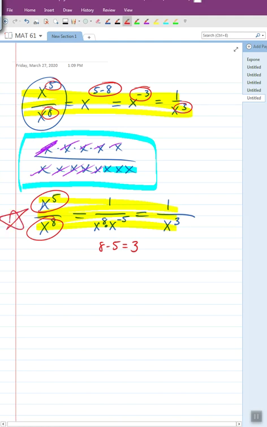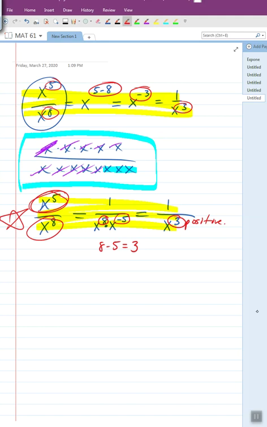Here, I'm doing the same thing, but sort of in a different way. I am moving the one that has the smaller exponent to the bottom so that it becomes negative. Well, if I do that, this number will be larger, this 5 will be smaller, but it'll have a negative in front of it. When I add those two, I'm guaranteed to get a positive exponent.